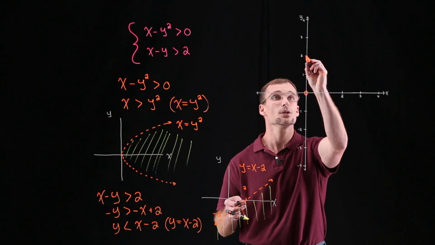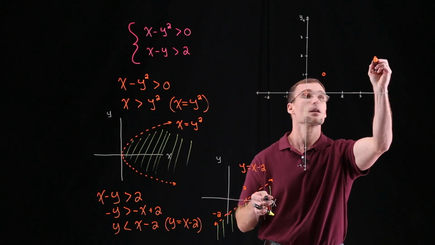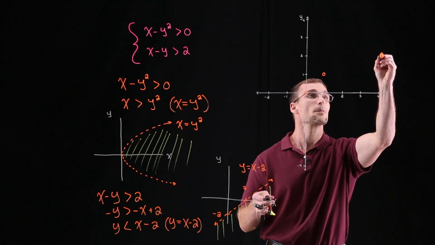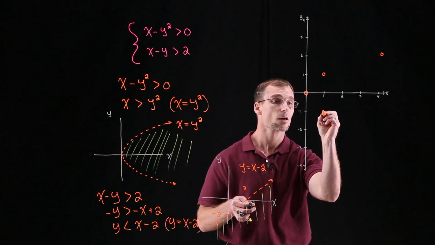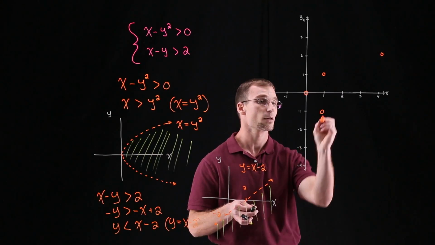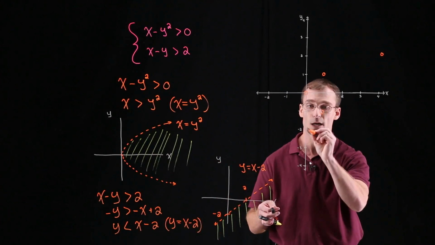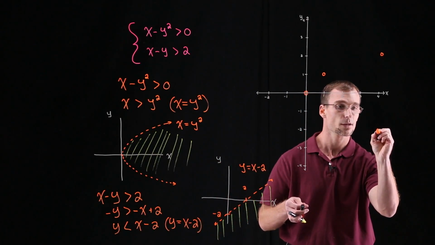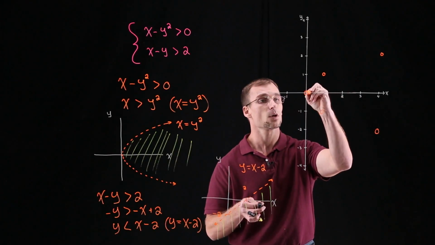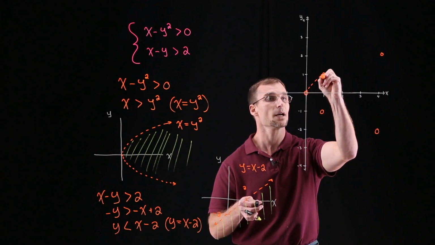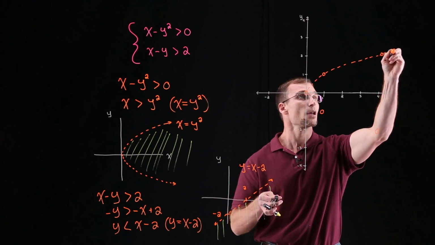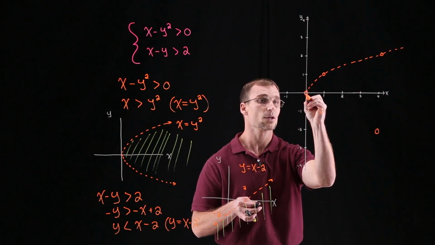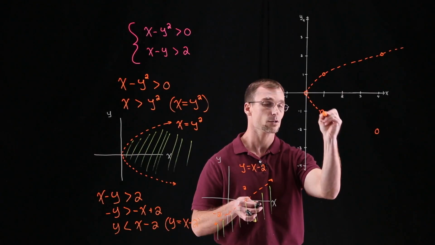When y is equal to 2, x is 4. Likewise, when y is negative 1, x will be positive 1, and when y is negative 2, x will be positive 4. So we sketch our parabola, using a dashed line and open dots because the points on this parabola are not included.